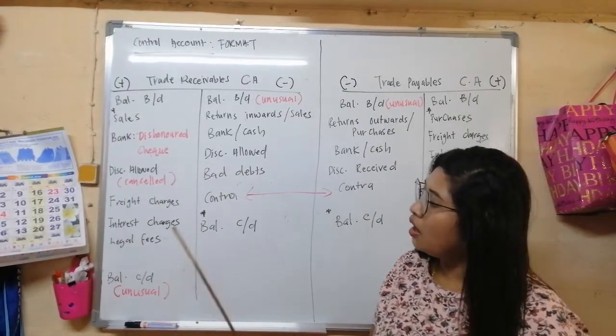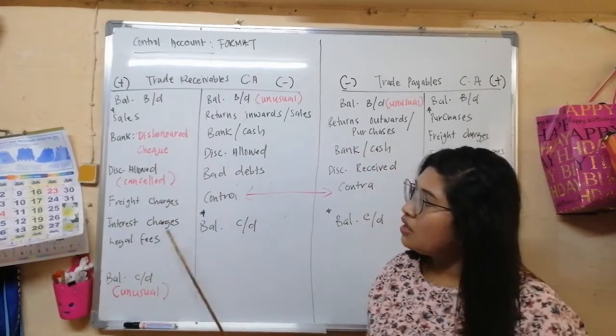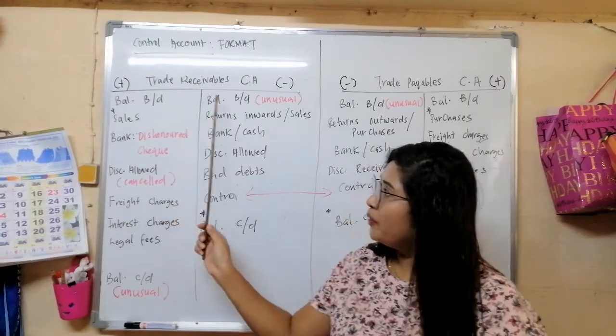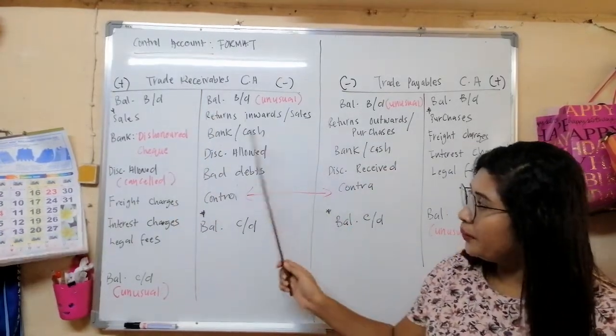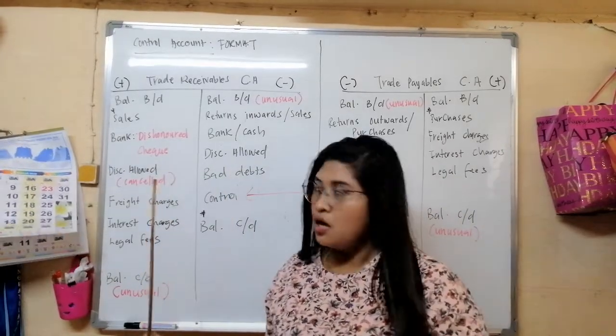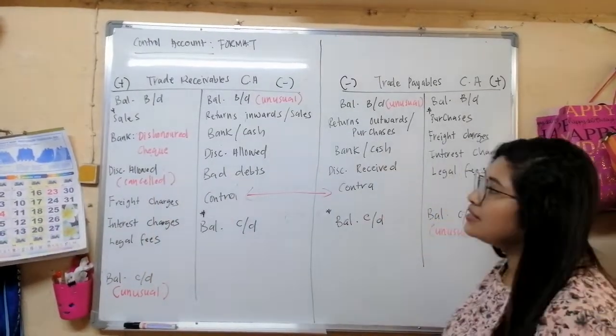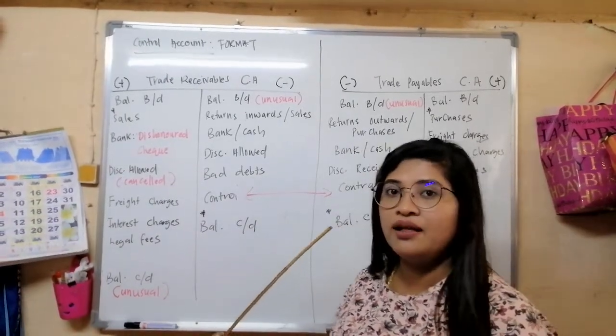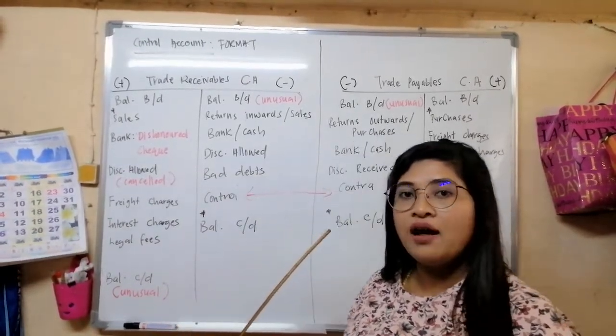All the particulars on the debit side will increase our receivable. Meanwhile, all the particulars on the credit side will reduce our trade receivable. So let's take a look at the credit side first.